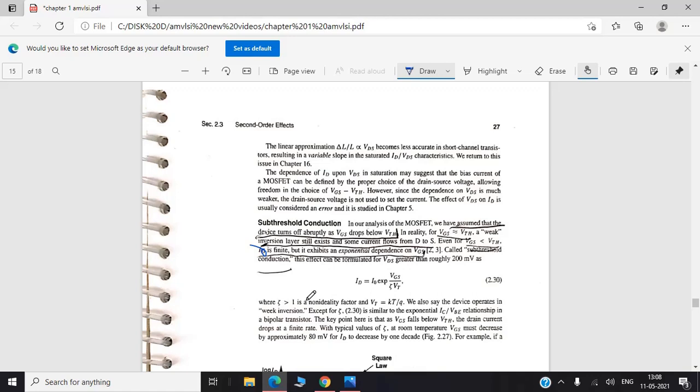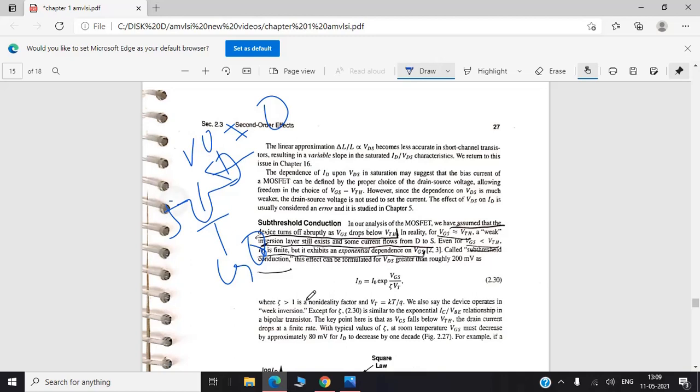If this is the device, with gate, source and drain, when the gate is equal to 0, ideally the output should be equal to 0, correct? This will not happen, and the output current will not be equal to 0 because of the reverse current flowing from the drain.